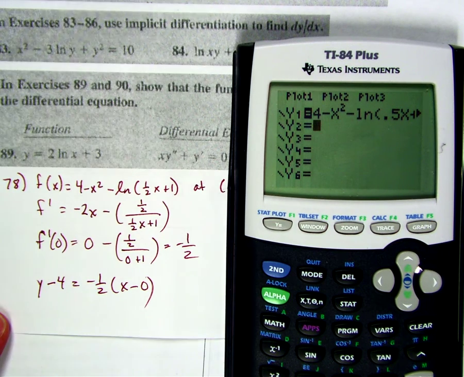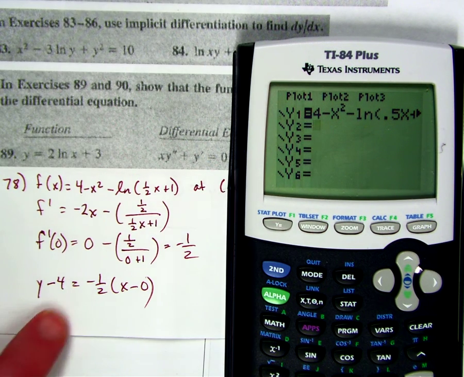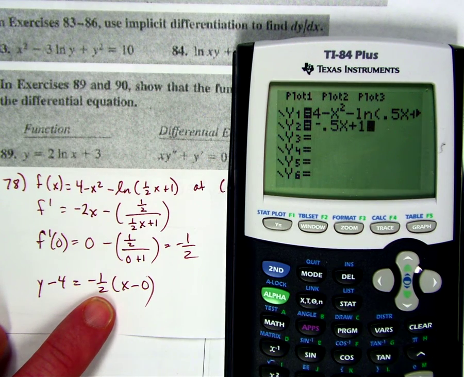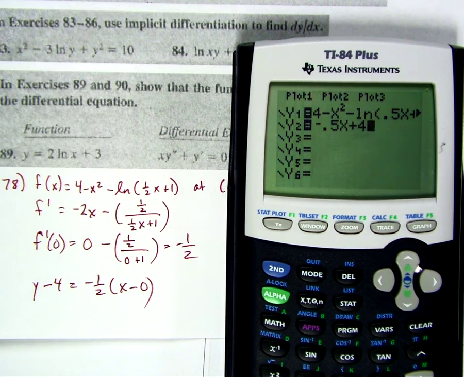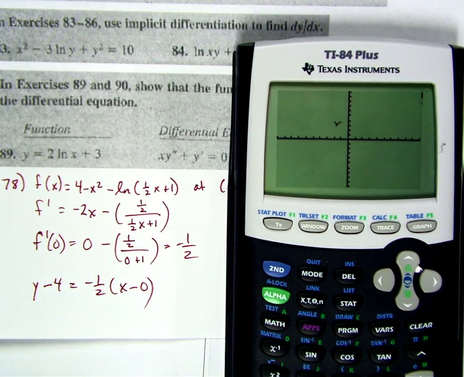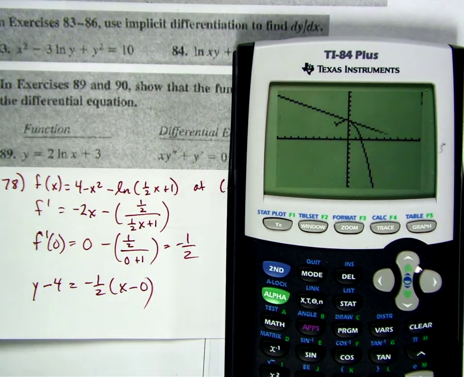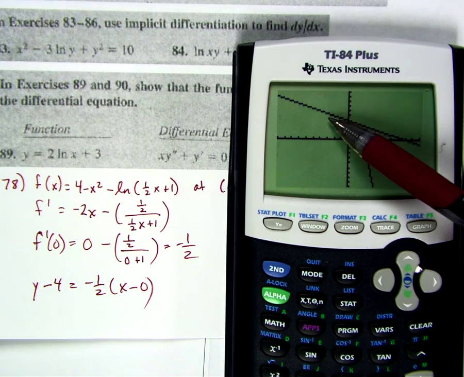So that's the original function. And then your tangent line, you need to move the 4 over, but that's all you got to do. You don't need to solve anything. So it's going to be negative 0.5x plus 4. That'd be my slope-intercept form.